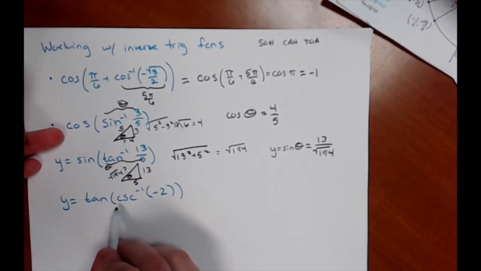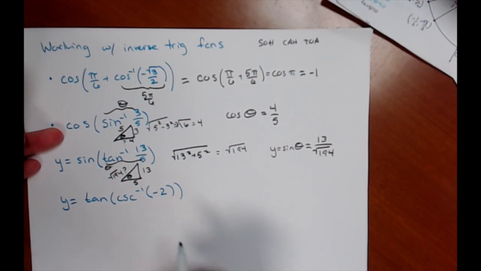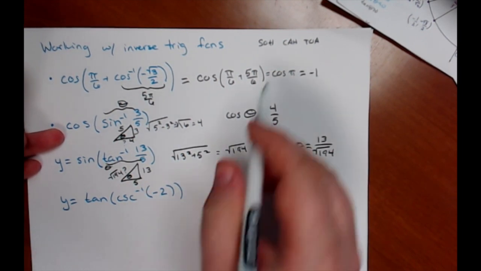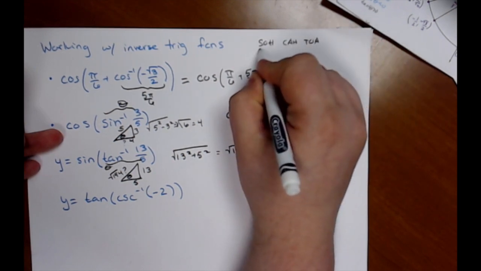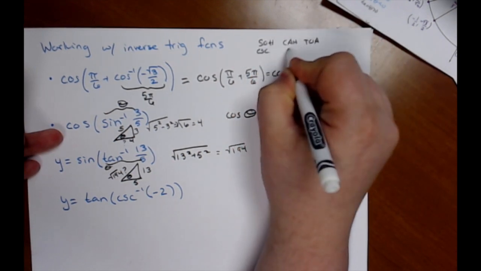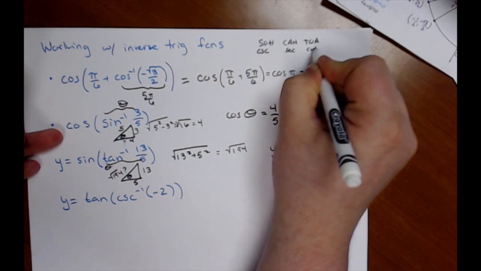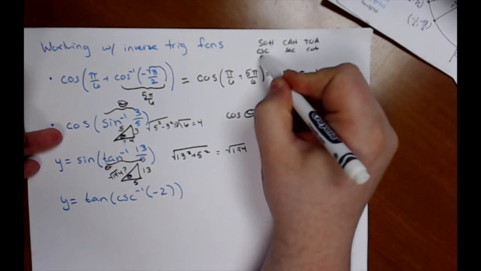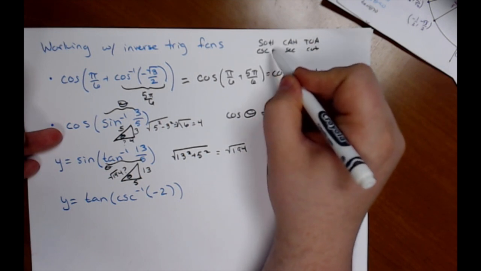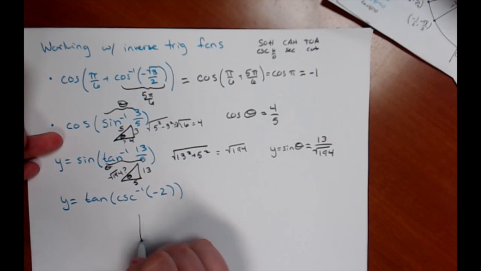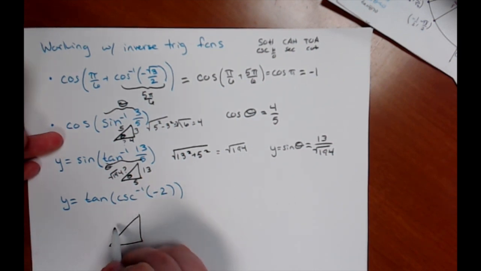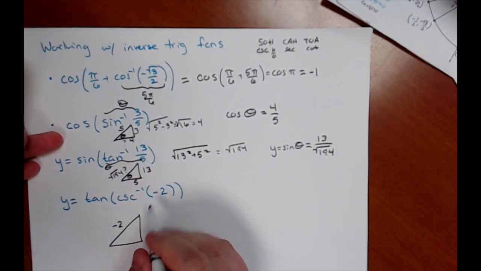And then our last one, here we have cosecant inverse of negative 2. So if we have sine, cosine, tangent, we have cosecant, secant, cotangent. So cosecant is hypotenuse over opposite. So if we draw our picture, hypotenuse over opposite.